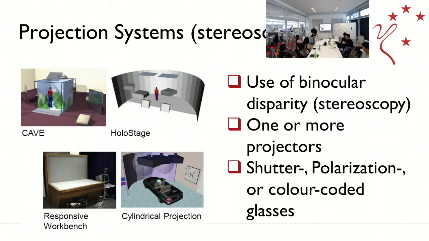For things that are far away, it makes less of a difference to us. This is actually important from a design point of view: stereo doesn't matter past a certain distance. The difference in the images is too small, and it doesn't affect our ability to really understand the scene as well. But it's really important close up for many applications.